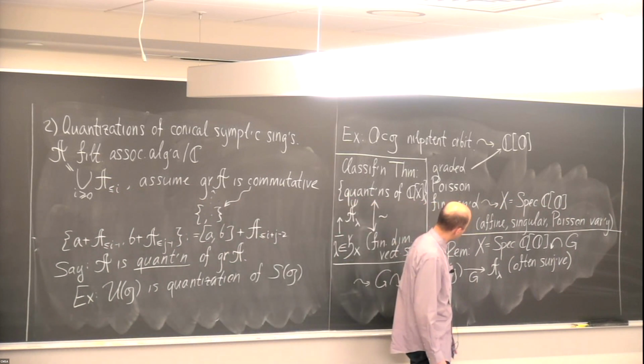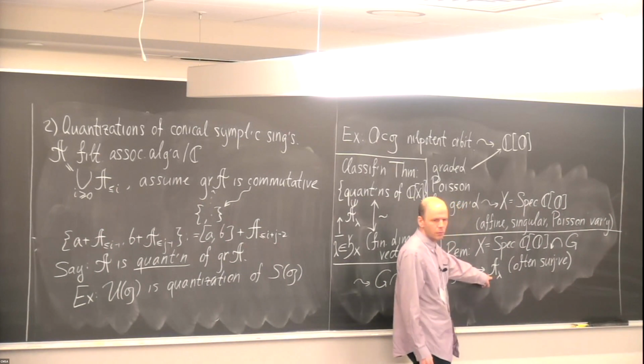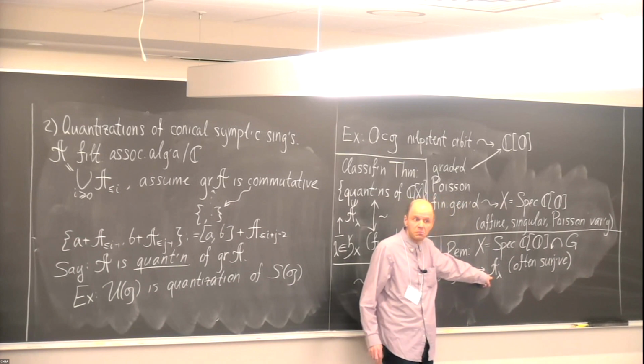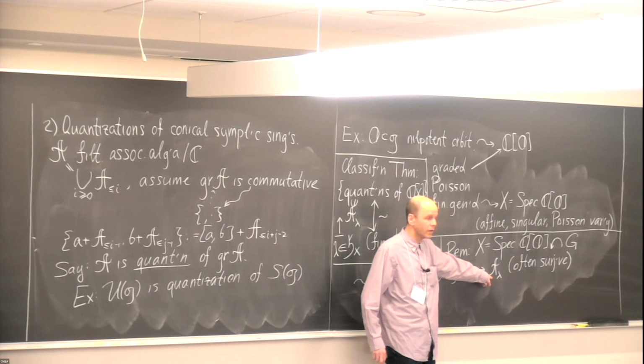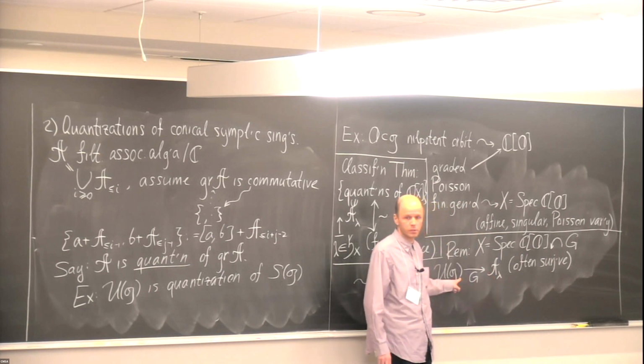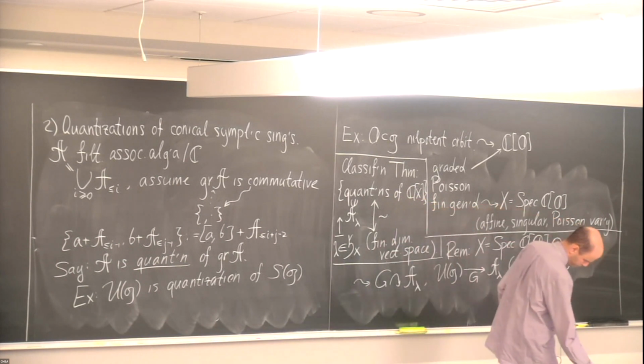But in any case, the application to Lie representation theory is as follows. I could try to study some representations of this guy in geometric means. And then, of course, every representation of A lambda can be pulled back to the universal enveloping algebra. And that's what I'm going to do.